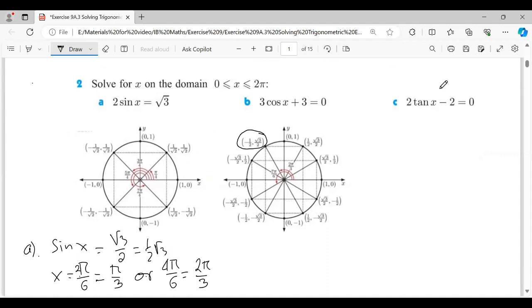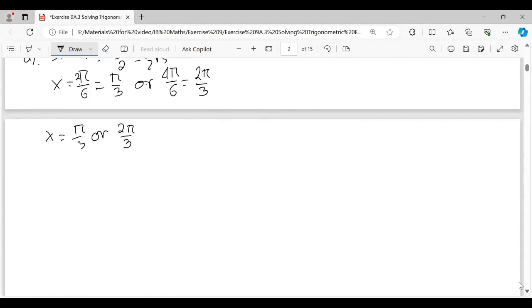B, 3 cosine x plus 3 equals 0. We can simplify, it becomes 3 cosine x equals negative 3. Cosine x equals negative 3 over 3, which is negative 1.